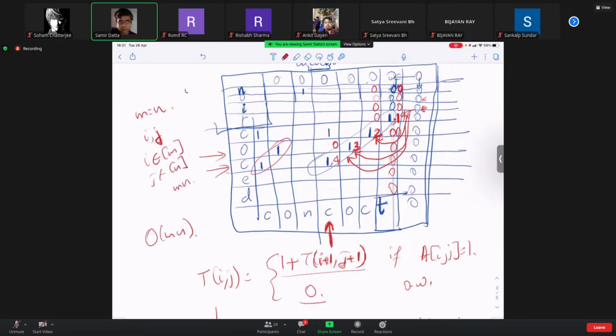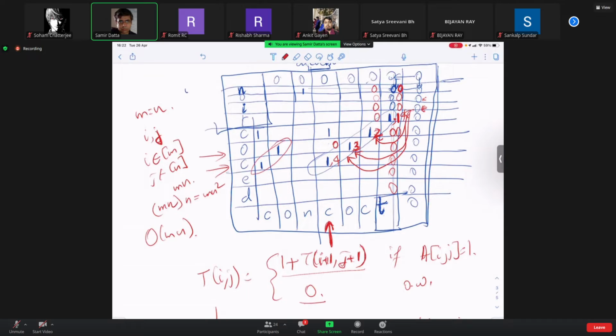So there are mn choices, and in each one of them you compute the longest word, which can be of length order n. So it would take order n time to do that. So mn into n is mn squared, correct?